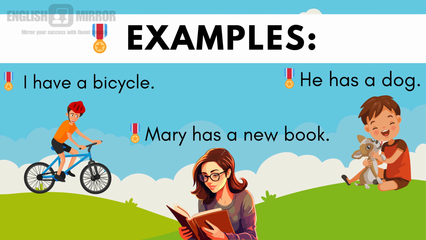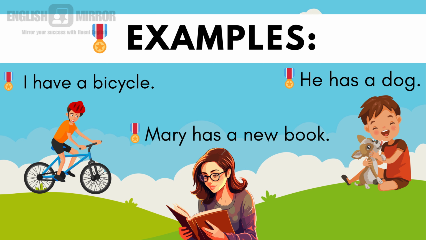We can use any names, and consider the gender only if we are using he or she. Mary has a book. That means Mary is only one person, that is singular, or we can use she instead of Mary. So that will include which one, has or have? Obviously has, right? She has or Mary has a new book.